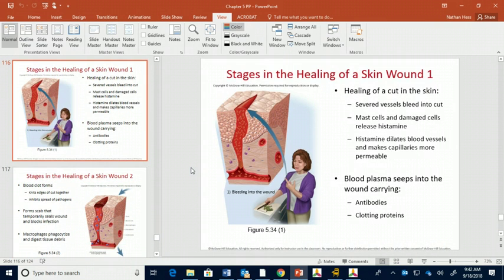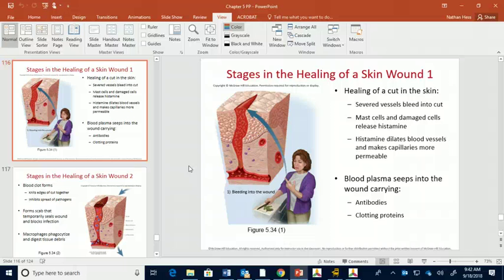To repair, there's a nice diagram on page 169 that lists these steps for repair. And again, the textbook does a great job of this in that diagram, as well as these slides, which make it very clear. So you cut yourself, right? The tissue is bleeding. We want that blood to clot, right?